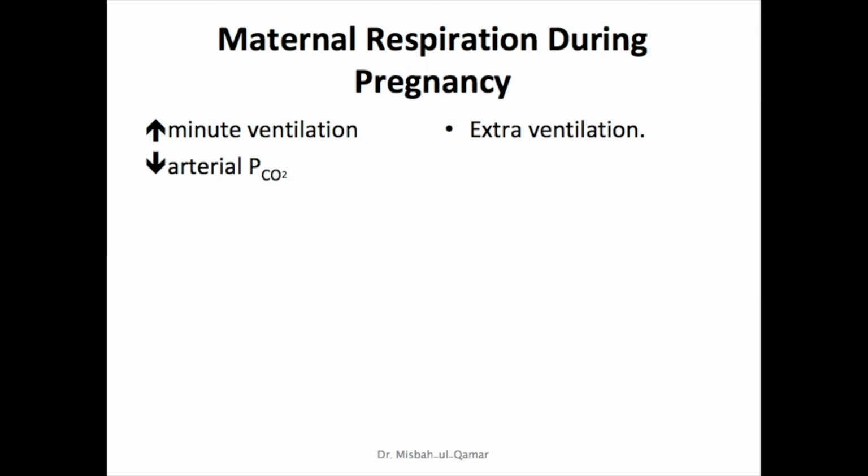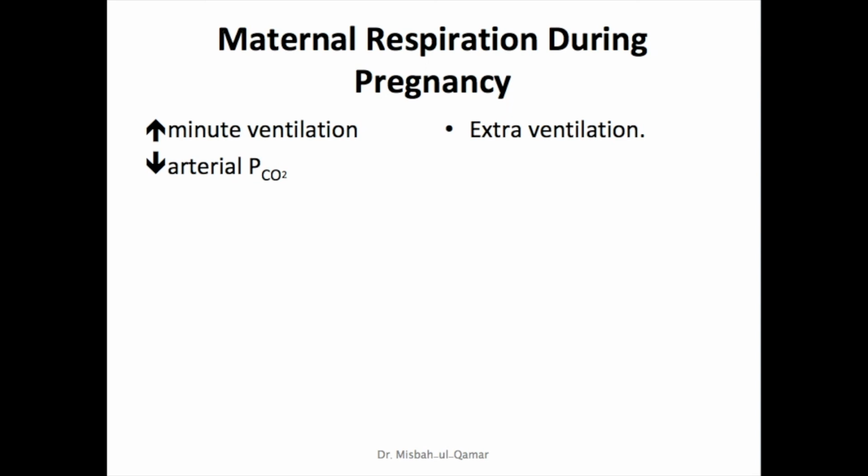And there is an increase in minute ventilation up to 50%, and there is a decrease in the arterial partial pressure of carbon dioxide. Total oxygen used is 20% above normal, and so is the carbon dioxide formed.